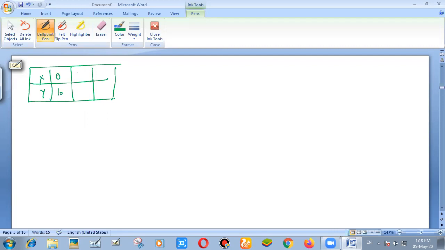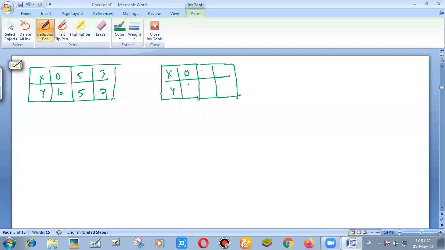Then 5 and 5. Then 3 and 7. Wait, tell me the values for the second table. 0 and 4. Then 1 and 5. Then 4 and 8.